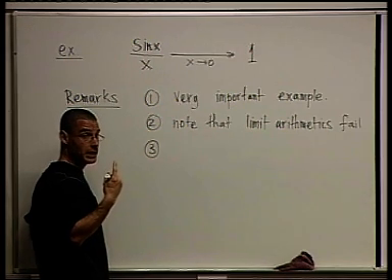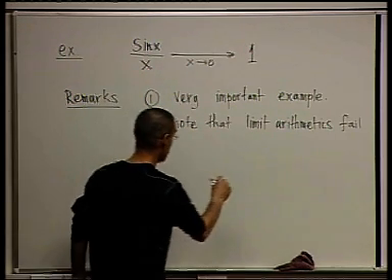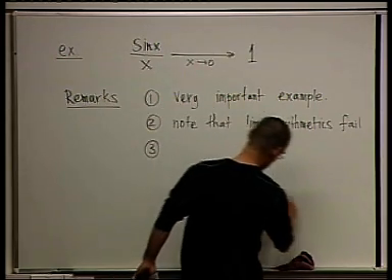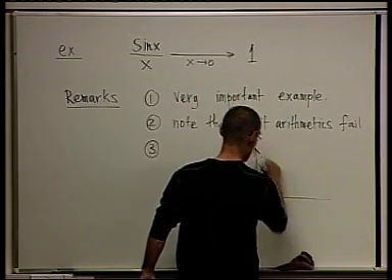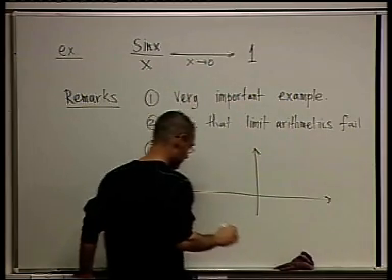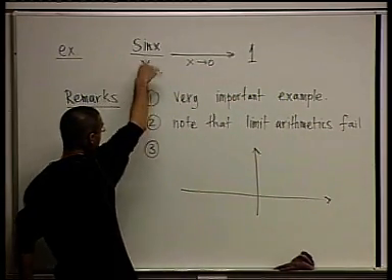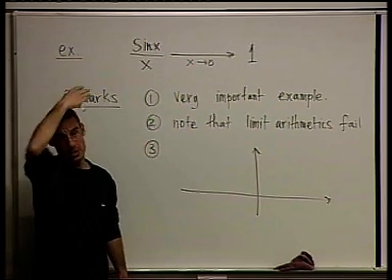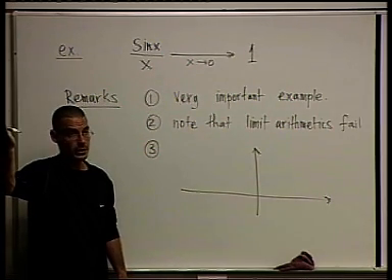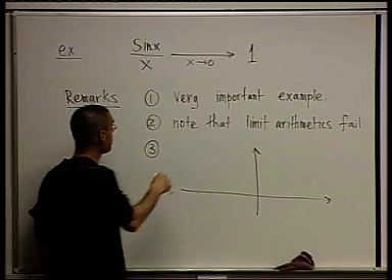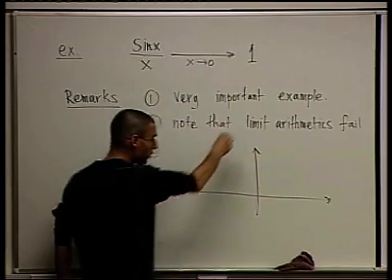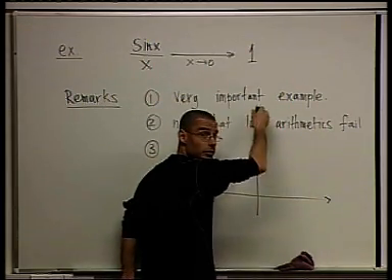We did it already, but let's do it with a bit more detail. So it has this sine wave-ishness in it, right? It's sine x. Do you agree? And I'm multiplying it by 1 over x. 1 over x looks like this, right?